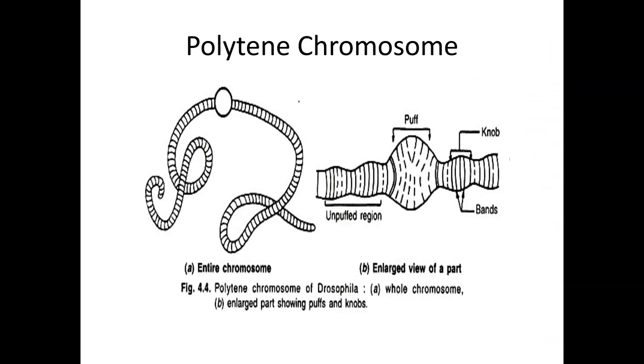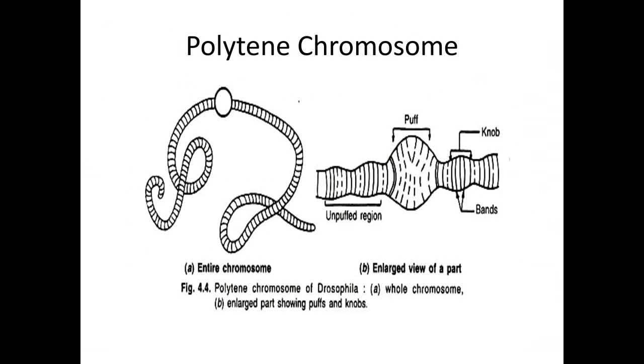Now see this diagram of a polytene chromosome. At the center is the puffed portion, then the unpuffed region, then the bands.